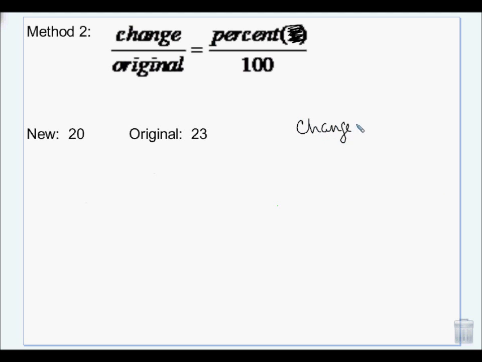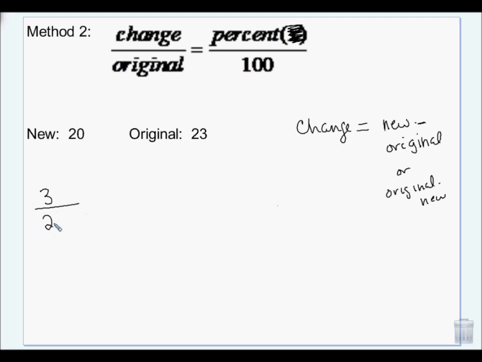Change is equal to new minus original, or original minus new. So it's 3, because between 20 and 23, there's a difference of 3. So my change is 3.